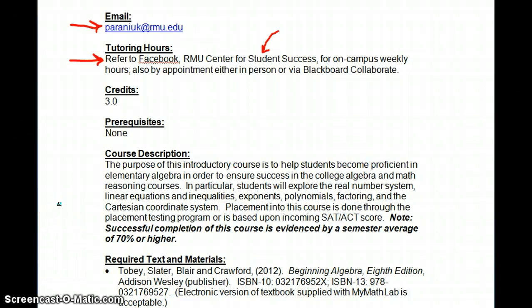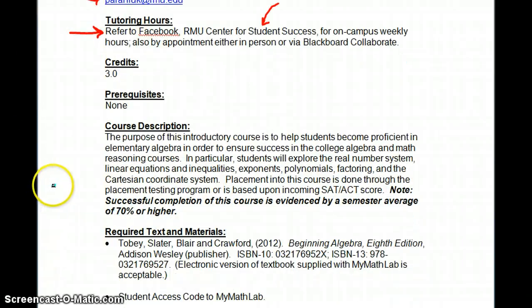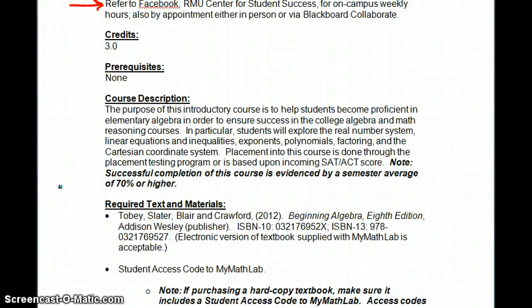Now, one thing that I do want to point out that is unique for this course is that even though there were no prerequisites for this particular course, you must pass this course with a 70% or higher before you are permitted to move on and take any other math course here at Robert Morris University.